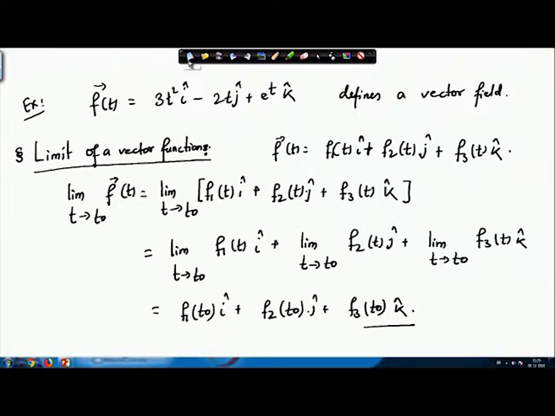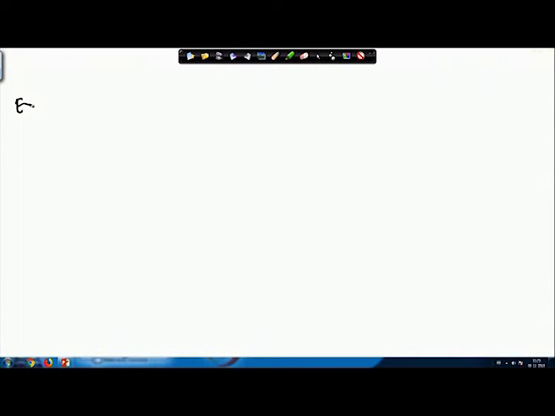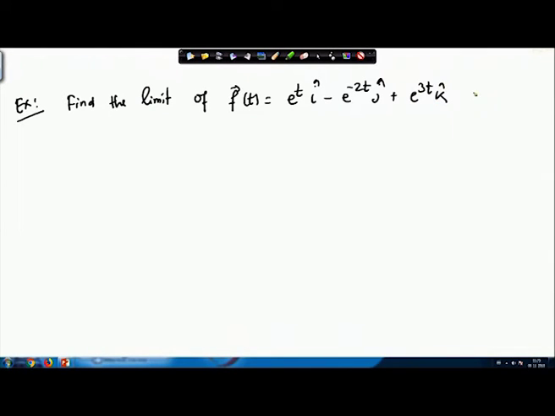So, we can look into an example. Find the limit of, let us say, f(t) equals e to the power t i minus e to the power minus 2t j plus e to the power 3t k as t goes to 0.